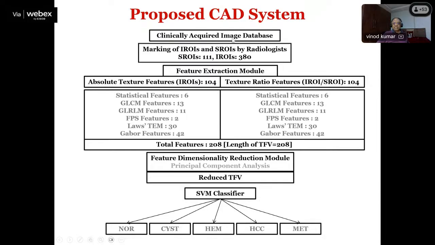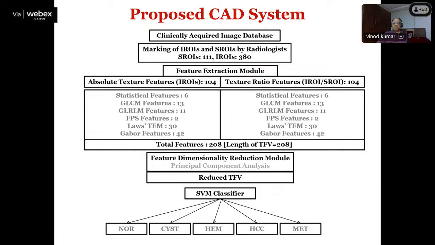So now another proposed study, we had a marking of IROIs and SROIs by the radiologist. We took 111 SROIs and 380 IROIs. By this time, our number of ultrasound images had increased.